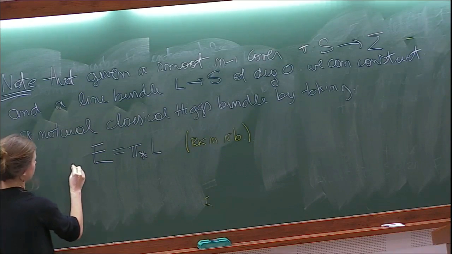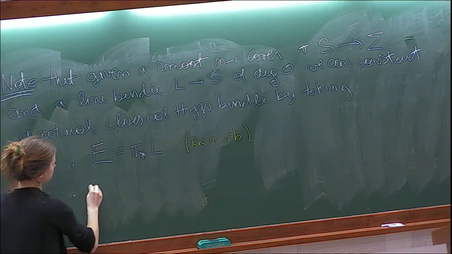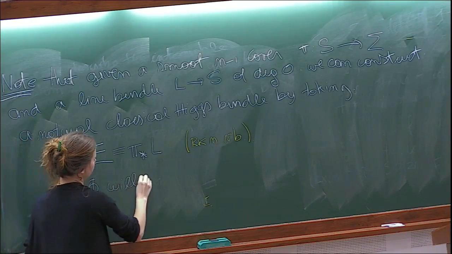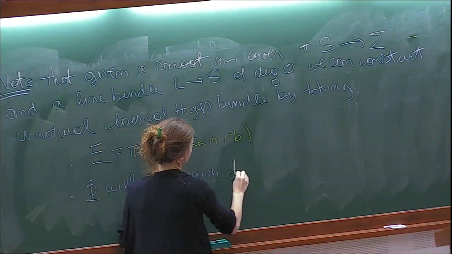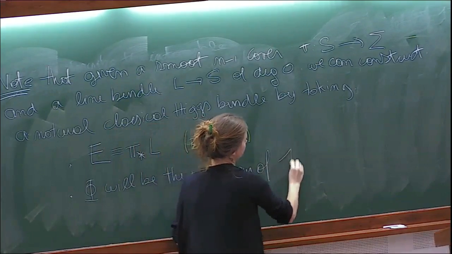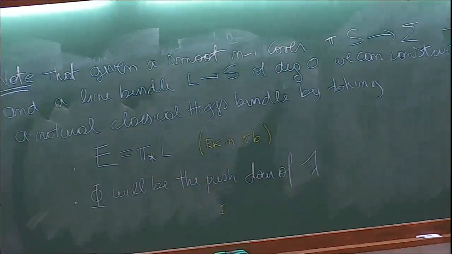So to construct the Higgs field, phi will be the push down of your tautological section lambda in the following way.